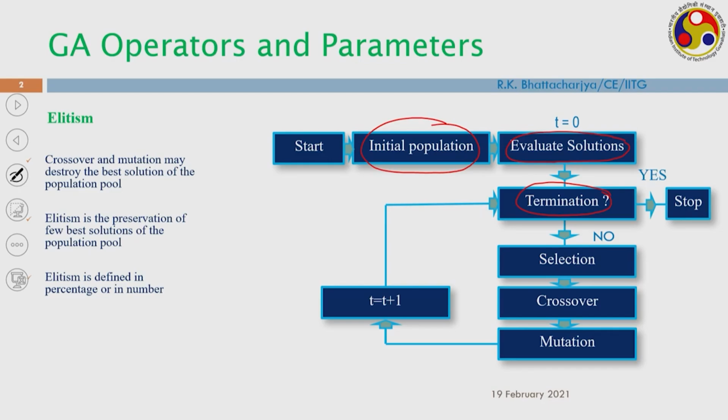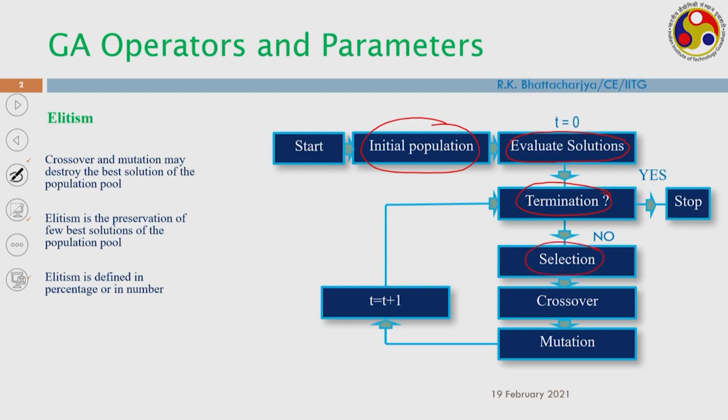That means I already got the optimal solution. In the classical method, we generally evaluate the gradient, and if the gradient is near 0, then we stop the iteration, but here we are not using any gradient information. If the fitness value of the best solution is not changing with time, you can conclude that you have already reached the optimal solution, or you are not getting any improved solution, and therefore you can stop the iteration.